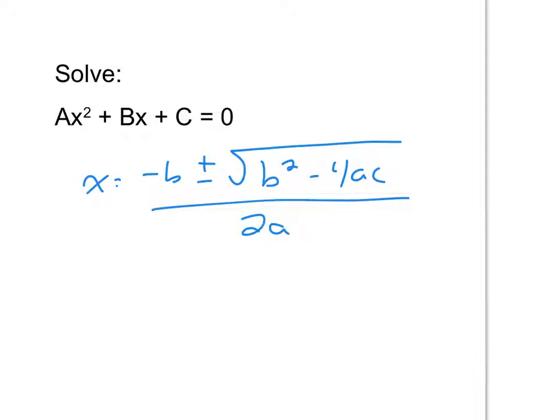And you can see now that there are always going to be two roots to a quadratic equation. Does everyone see the two roots here? Of course, it's negative b plus the radical over 2a and negative b minus the radical all over 2a.